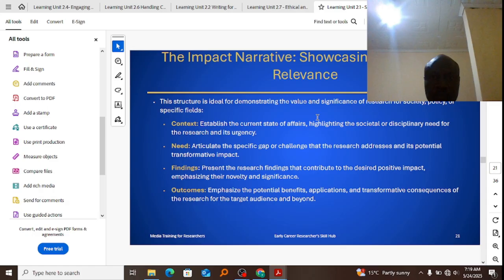Need: articulate the specific gap or challenge that the research addresses and its potential transformative impact. Findings: present the research findings that contribute to the desired positive impact, emphasizing their novelty and significance. Outcomes: emphasize the potential benefits, applications, and transformative consequences of the research for the target audience and beyond.